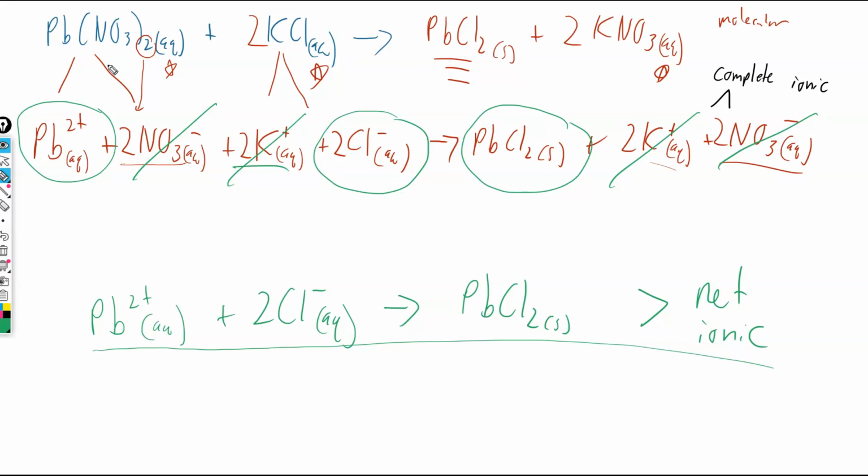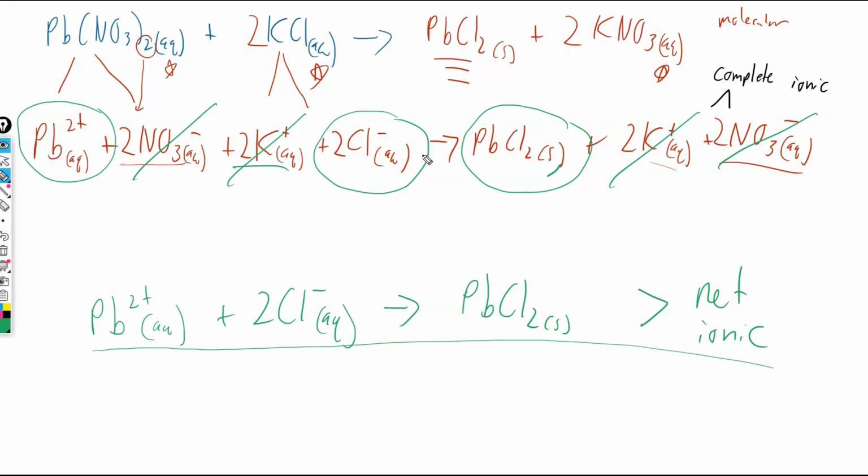So again, the first equation we wrote was our molecular reaction. The second we wrote was our complete ionic reaction, where we took everything that was aqueous and we broke it up into their ions, except the solid, because that was not an aqueous solution. It was only a solid forming.